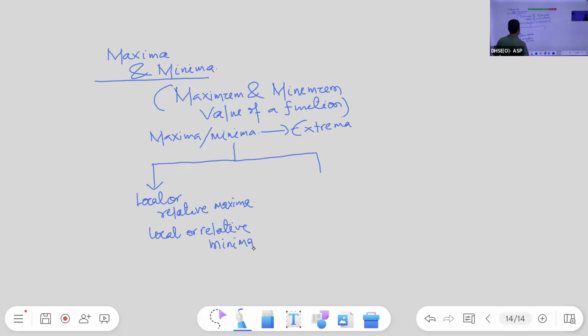Global or absolute maxima, global or absolute minima.